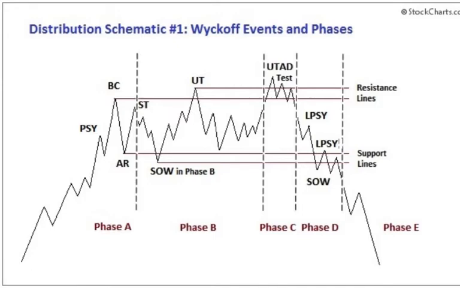Now after you have the upthrust after distribution and you're moving downwards, you have these springs, these LPSYs. There are also your points of supply. LPSY stands for last point of supply.